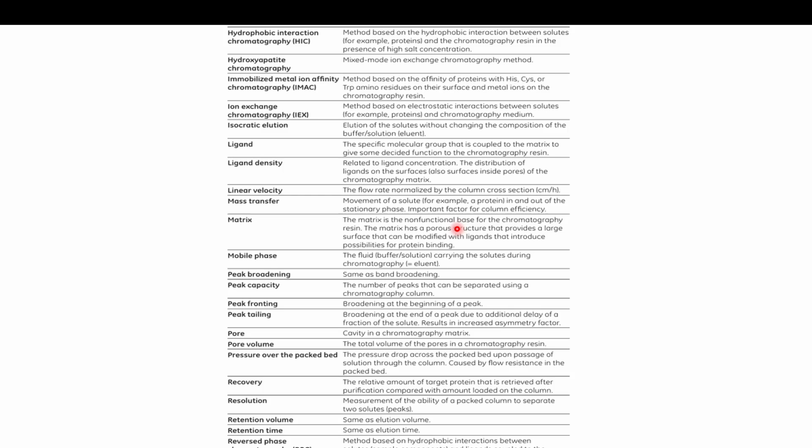Matrix is the non-functional base for the chromatography resin and it has a porous structure that provides a large surface that can be modified with ligands that introduce possibilities for protein binding. Peak broadening, what we saw in band broadening, is the same thing. Peak fronting is broadening at the beginning of a peak, where the peak is shifted towards the right side.